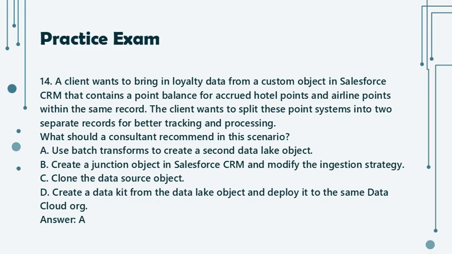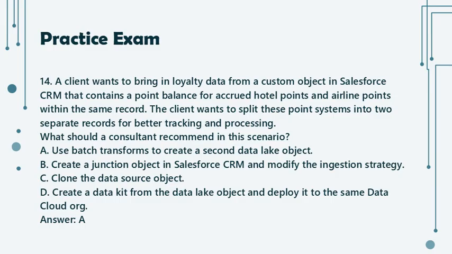14. A client wants to bring in loyalty data from a custom object in Salesforce CRM that contains a point balance for accrued hotel points and airline points within the same record. The client wants to split these point systems into 2 separate records for better tracking and processing. What should a consultant recommend in this scenario?